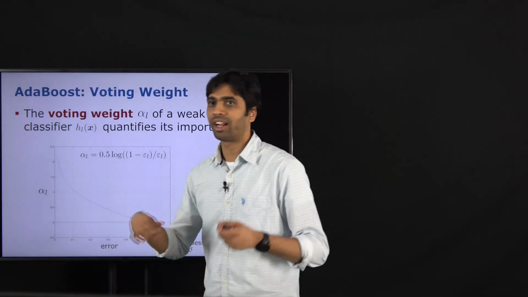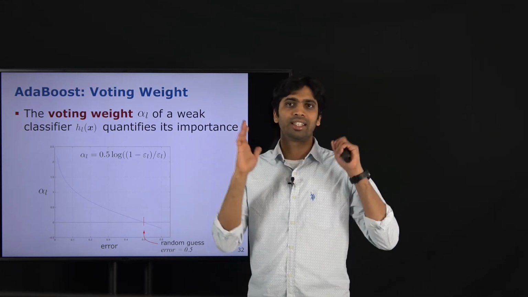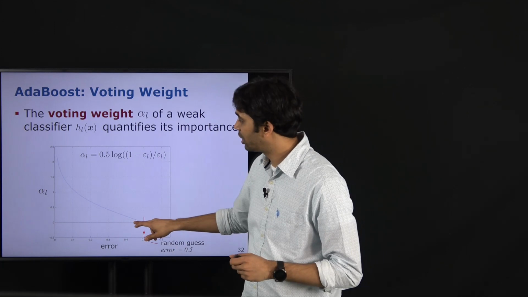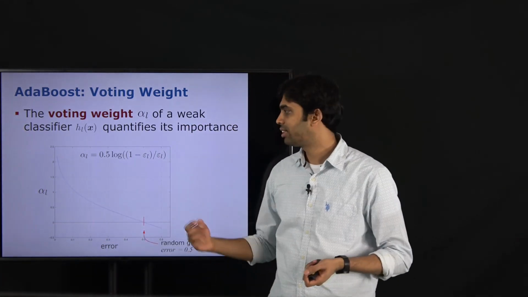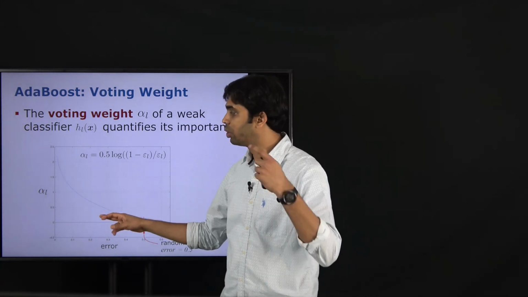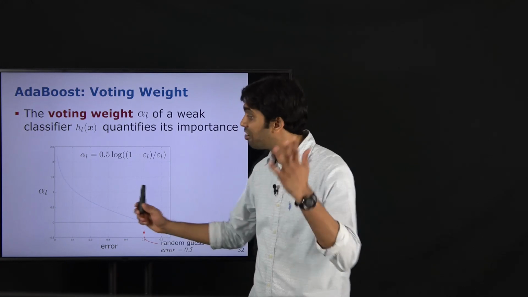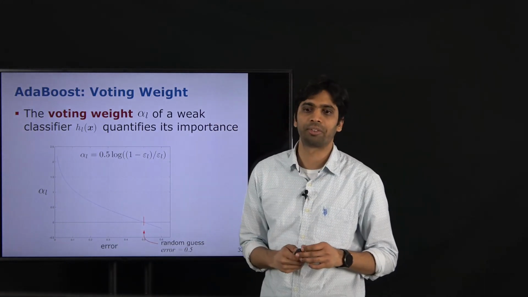So the weight for a random guess is 0. If you come up with a random guess classifier, AdaBoost will say, I don't care what this classifier says. Whereas as soon as you keep improving, you get higher weights. And so the idea is to come up with those weak classifiers which run more to the left, at least in this weighting space that you have.